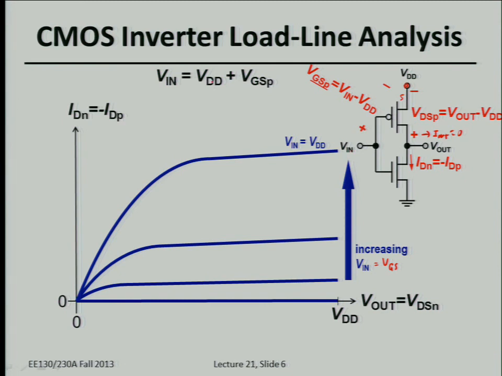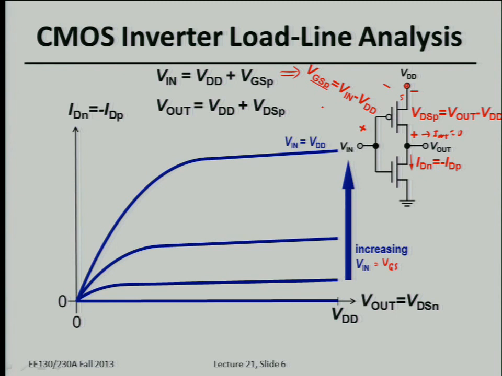That's what this first equation states. What this implies is that the gate to source voltage for the PMOS device is just equal to Vin minus VDD. I'll come back to that in a second.